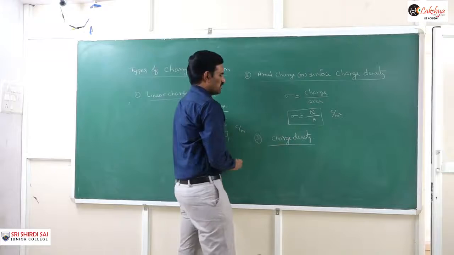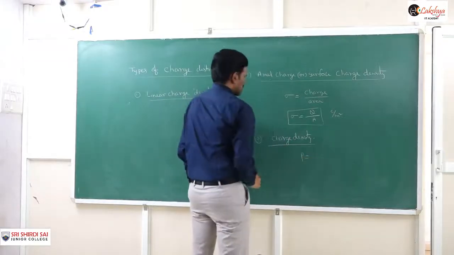Correspondingly we define the volume charge density, which is represented with rho.